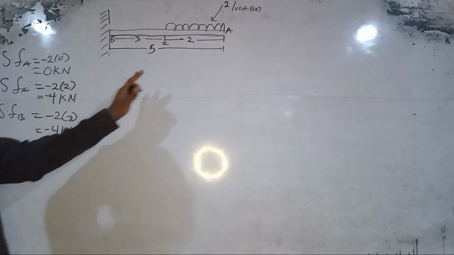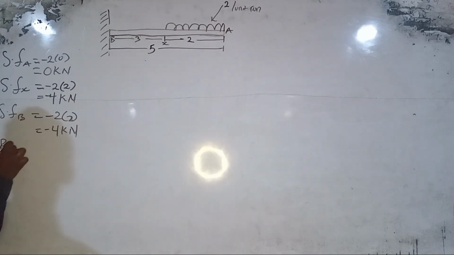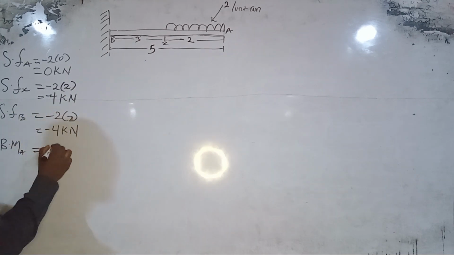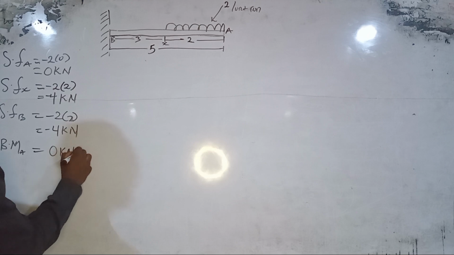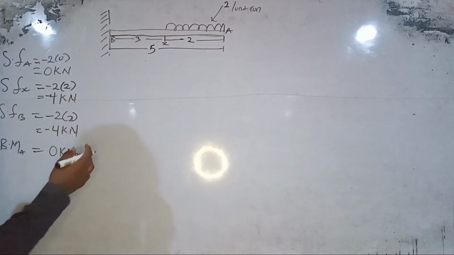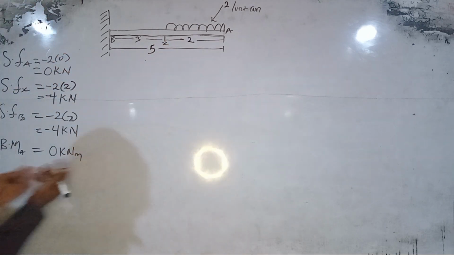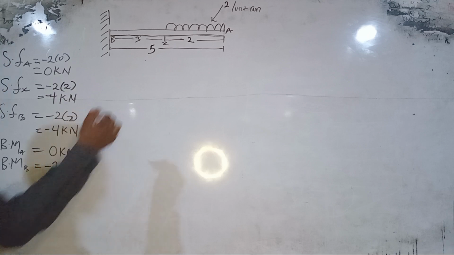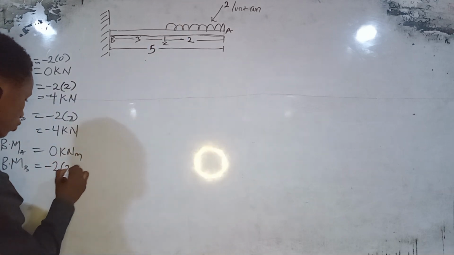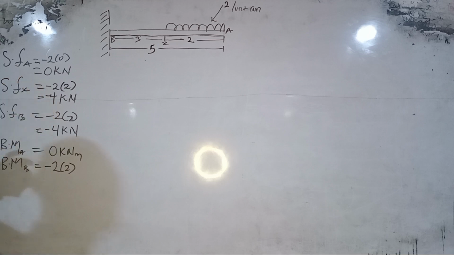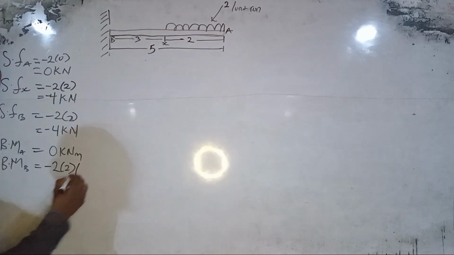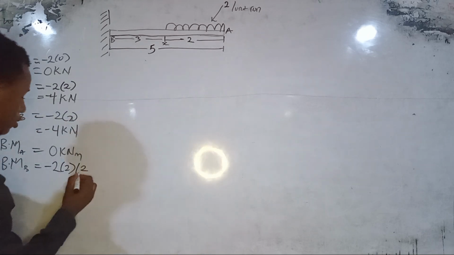Then if we move on to our bending moment, the bending moment at that particular edge A is automatically 0 because there is no bending at all. Now the bending moment at B here, we apply our formula. The bending moment at B is equals to minus 2 times 2, which is our shearing force that we got here, then the distance from the centroid to here, which is 2 divided by 2.